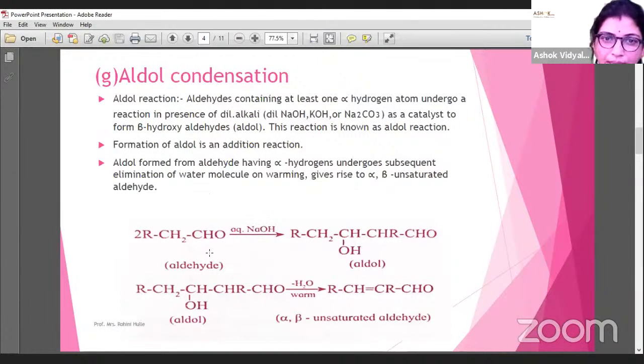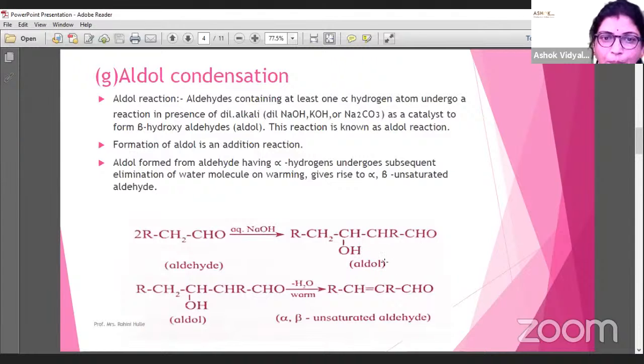Formation of aldol is an addition reaction. When an aldehyde reacts with dilute NaOH, aldol is formed. Aldol means beta hydroxyaldehyde.